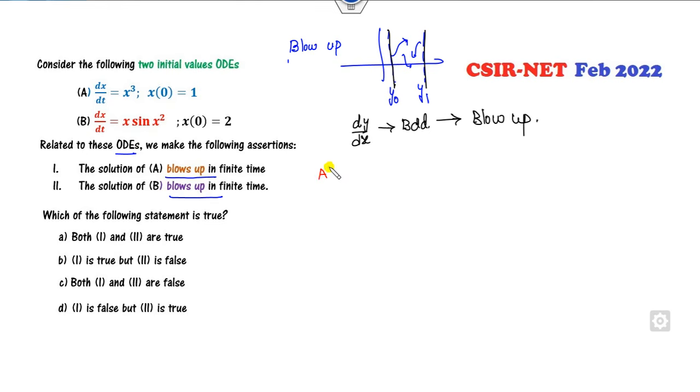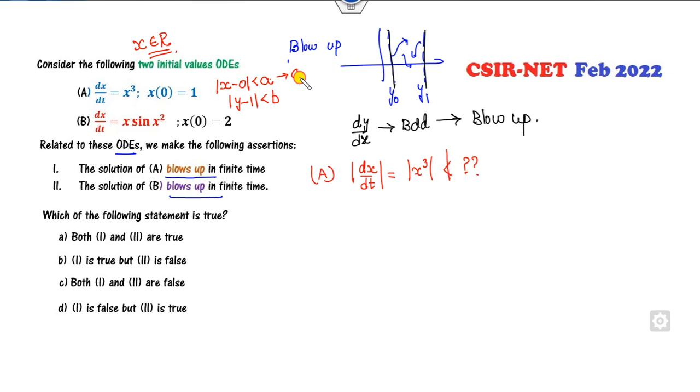So for the first case A, what is my dx over dt? This is x cube. Fine. It is not always less than something, because what is the range of this? It's the complete R. There is no upper bound we can see from here. It is |x - 0| less than A, |y - 1| less than B. But what is the A?